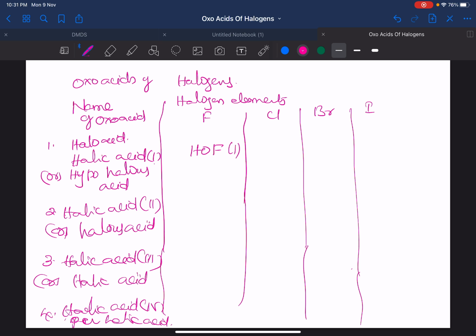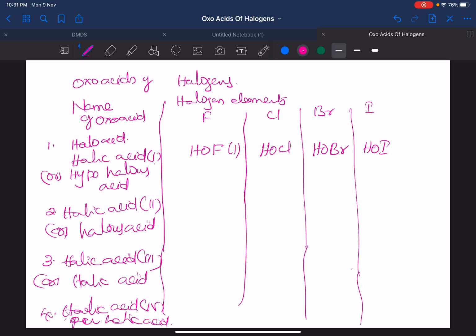Chlorine gives hypochlorous acid, HOCl. Bromine gives hypobromous acid, HOBr, and iodine gives hypoiodous acid, HOI.